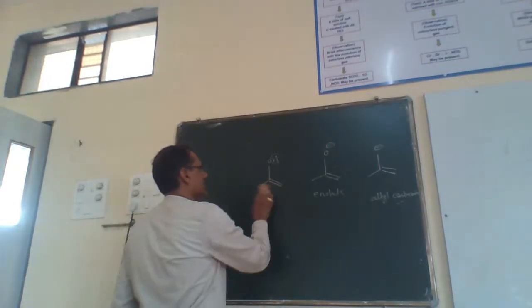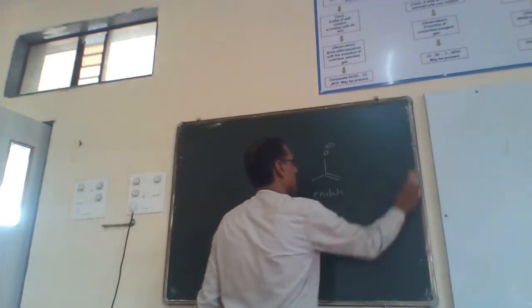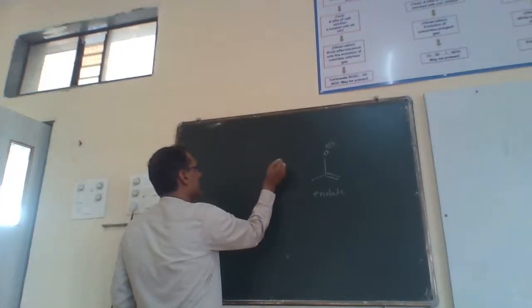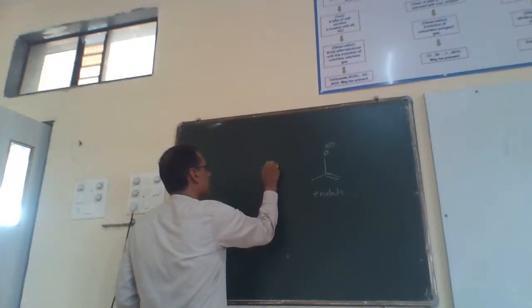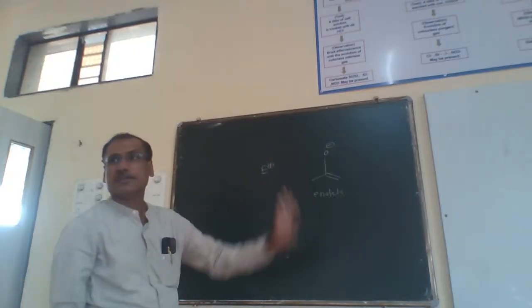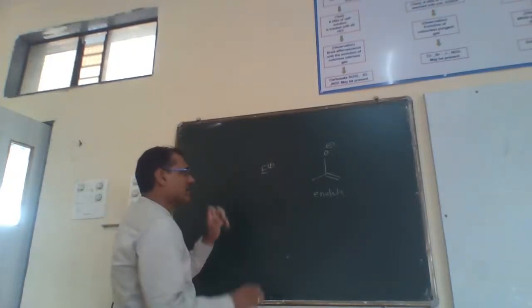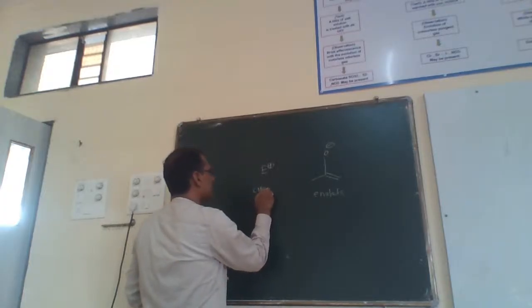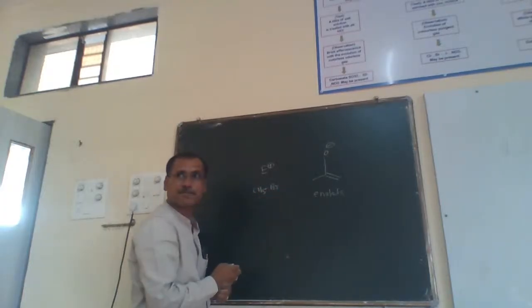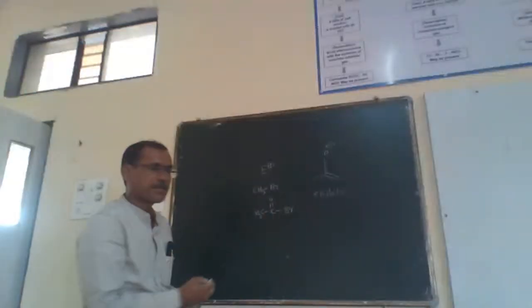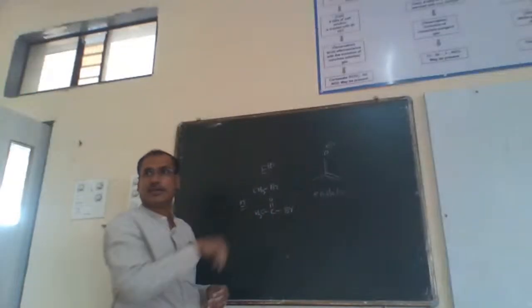For example, if this is the enolate, now as I mentioned, if I have some electrophile with me, some electrophile brought in contact with this. What are examples of the electrophile? For example, if I take CH3Br, or in other words, I have changed the electrophile now.